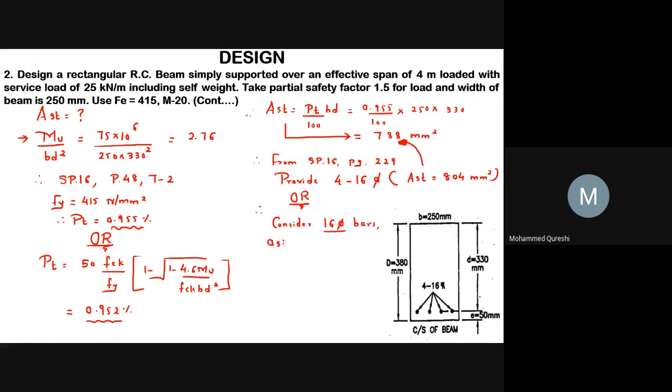So your small ast will be equals to pi by 4 into 16 square, which is equals to 201.06 mm square, and then we have to find the number of bars. So number of bars equals to capital AST upon small ast.